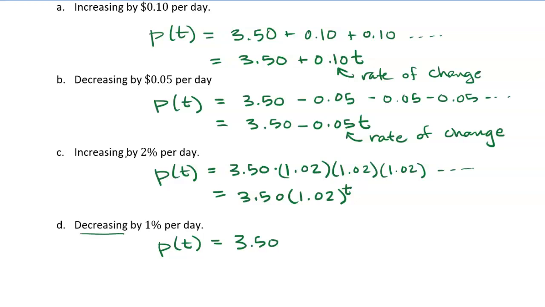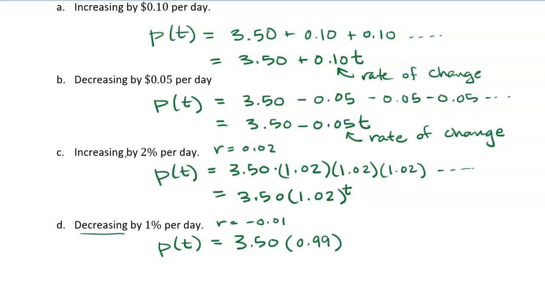Like up here, our growth rate was 0.02. Here, our growth rate is decreasing, so it's a negative 0.01. It's decreasing by 1% each day. So our growth factor is 99%, or 0.99.